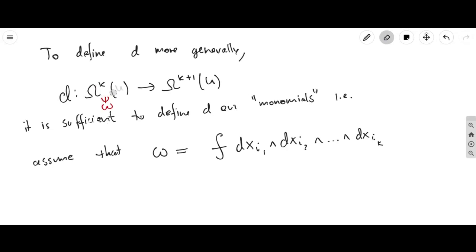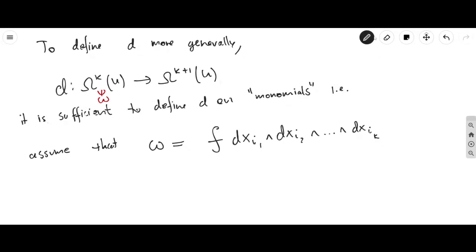In general, a differential form will be more complicated. It would be a sum of monomials of this type. But because d is defined in a linear way, you only have to define what it does to a single monomial. Then d omega is, by definition, you just apply the exterior derivative to the function f.